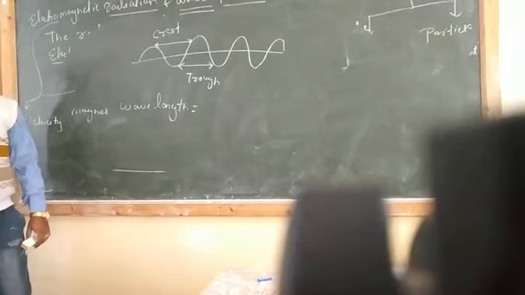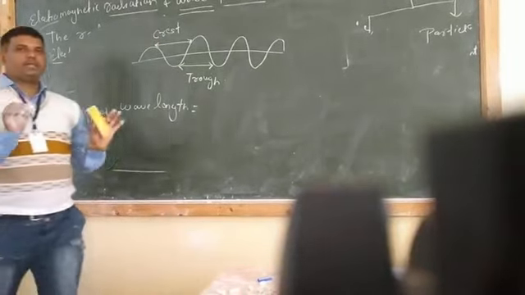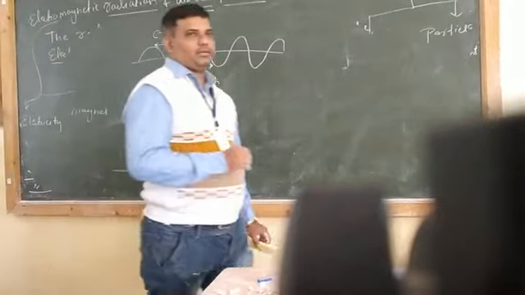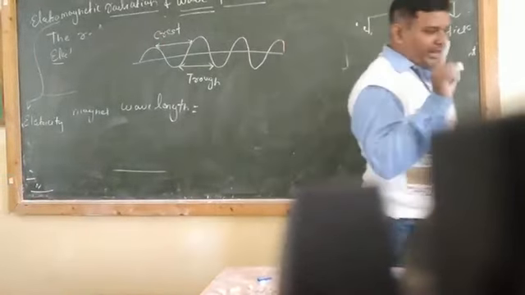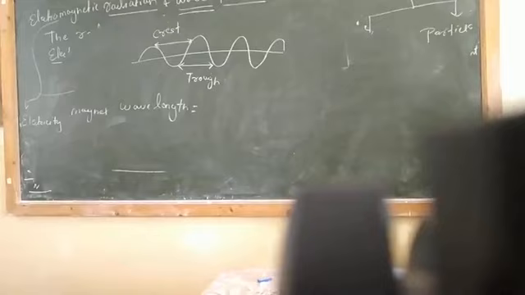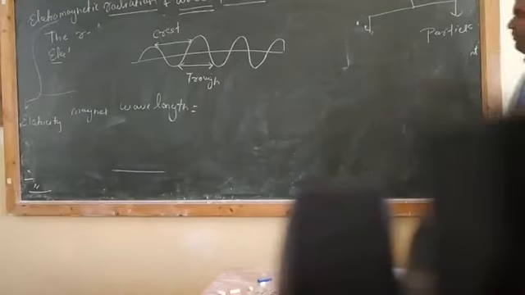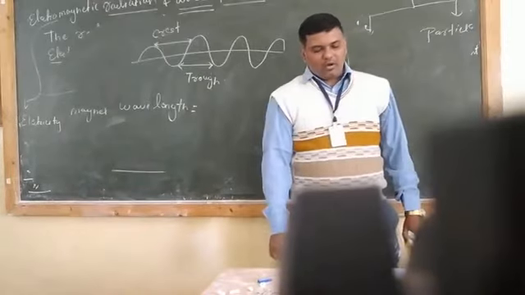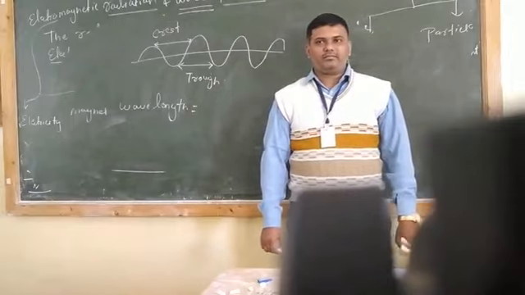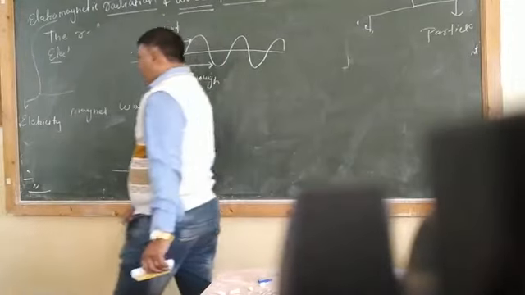Did not understand? The distance between the two crests, C-R-E-S-T, crest, and the distance between the two troughs is called the wavelength. Okay? Then next point, write down.